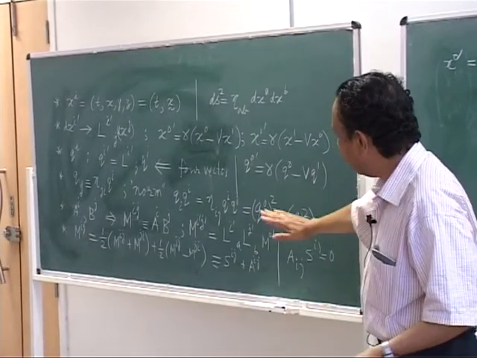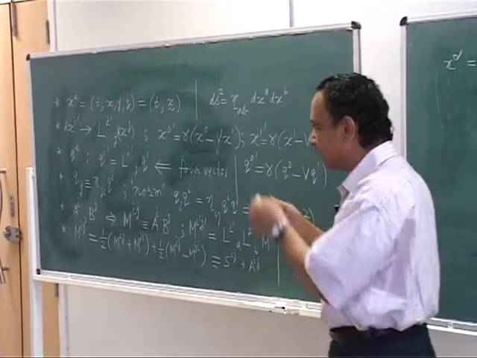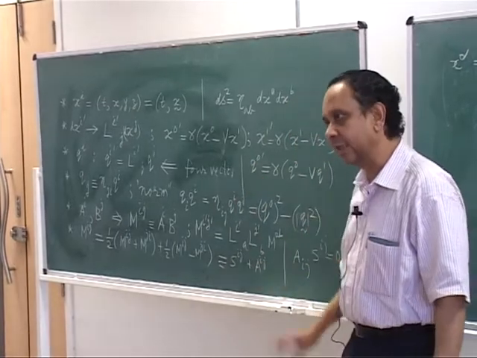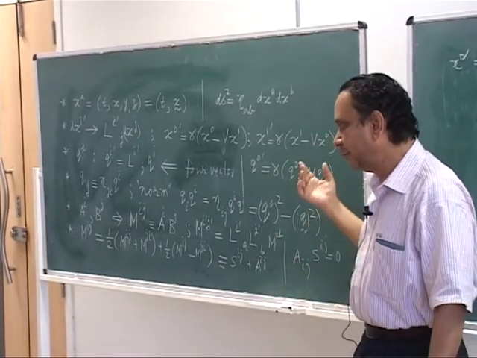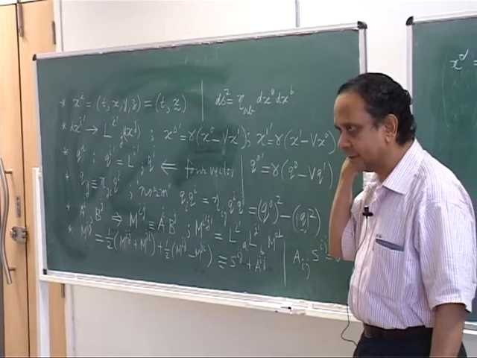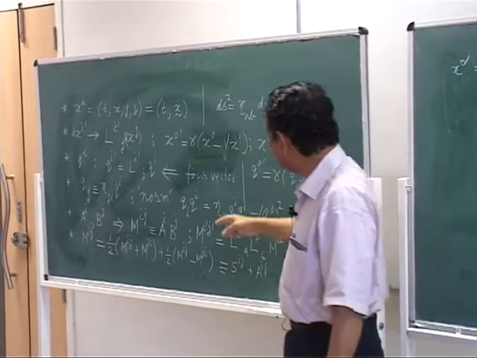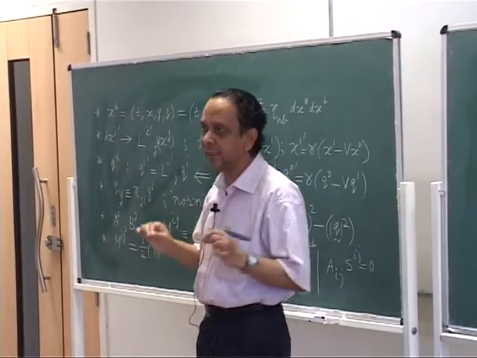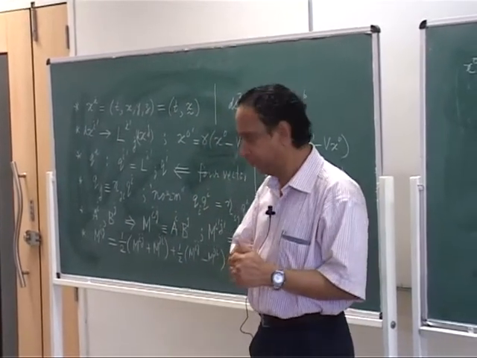So, as far as the objects which have indices on top are concerned, this is what it is. We will do this more rigorously at some stage, and the things with indices on top are what are genuine vectors and tensors.